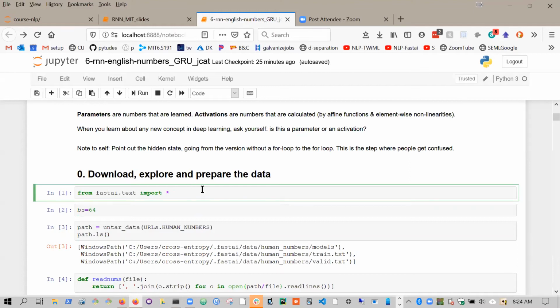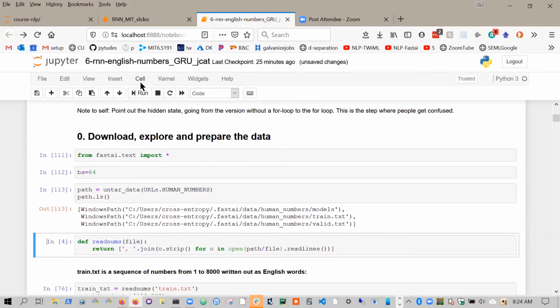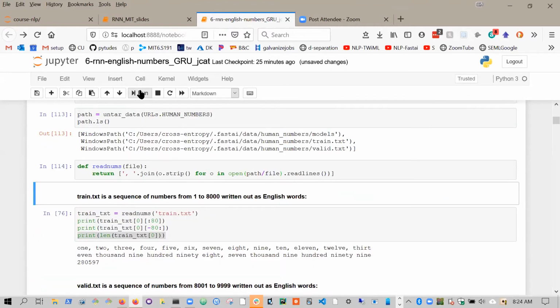I'll just run through it. This is a really fast notebook. It never takes more than a minute or so for each training step, so it's pretty quick to go through. So we're going to read the data.